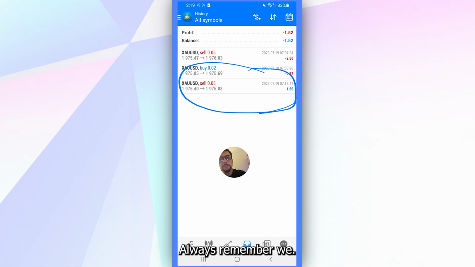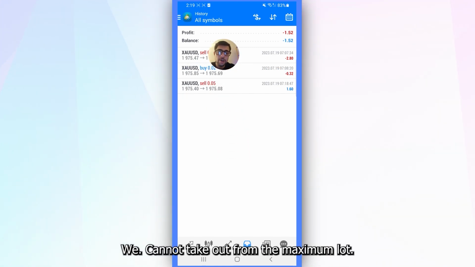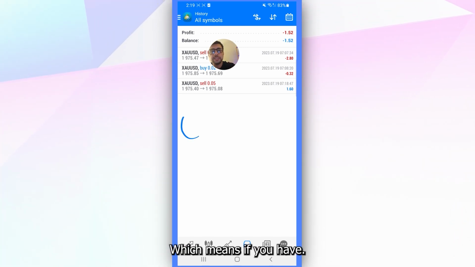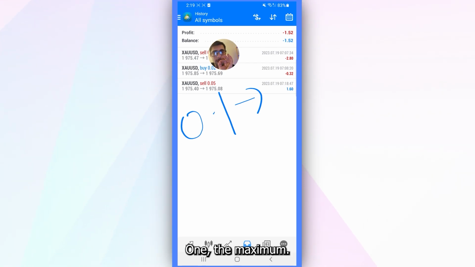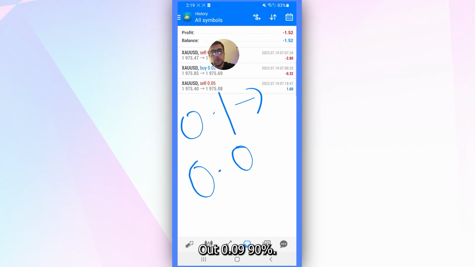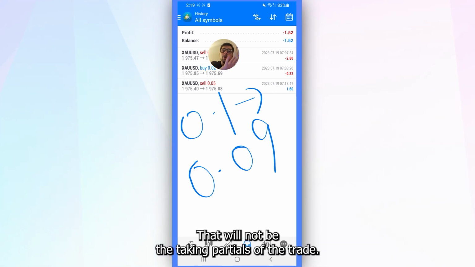Always remember, we cannot take out the maximum lot, which means if you have taken a trade of 0.1, the maximum amount of partials you can take out is 0.09, 90%. If you want to take 100%, that will be the closing of the trade, not taking partials of the trade.